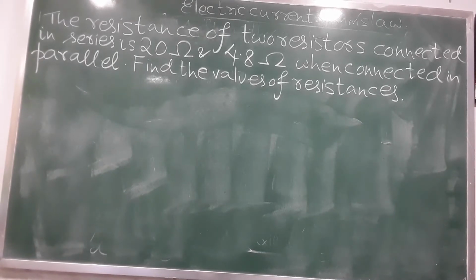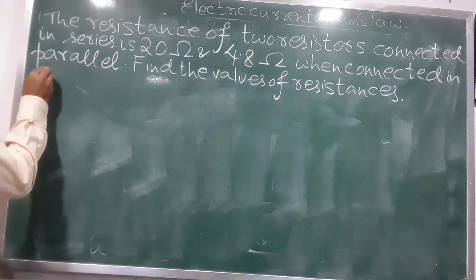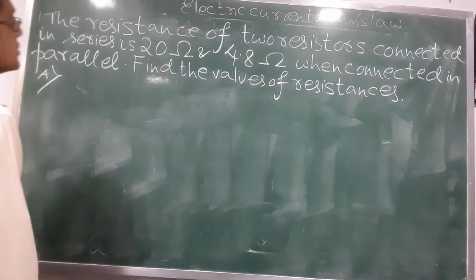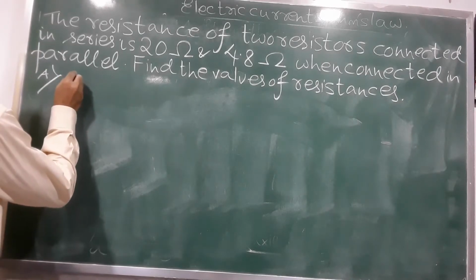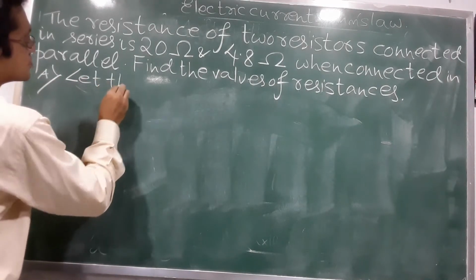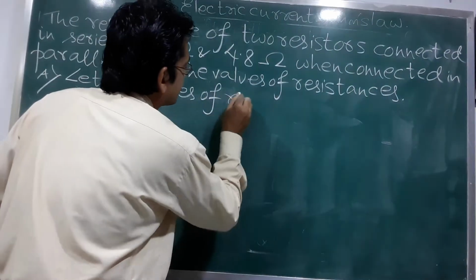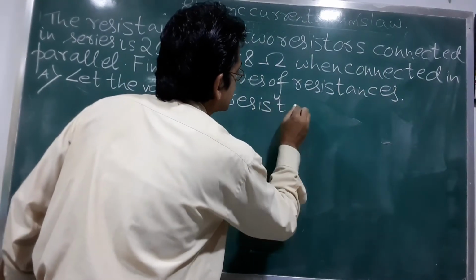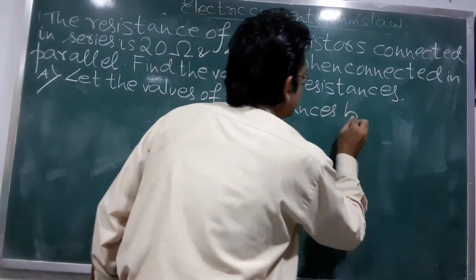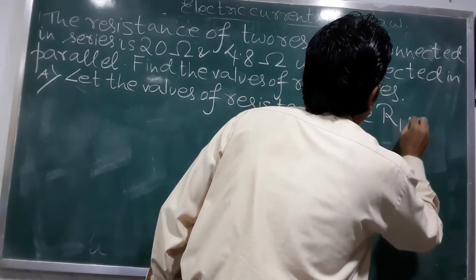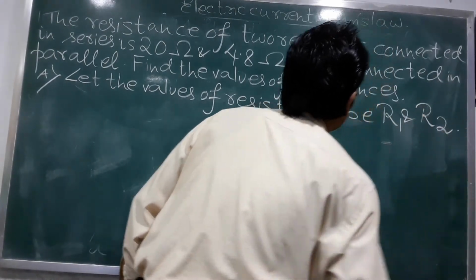The resistance of two resistors connected in series is 20 ohm and 4.8 ohm when connected in parallel. Find the values of resistances. Let the values of resistances be R1 and R2.